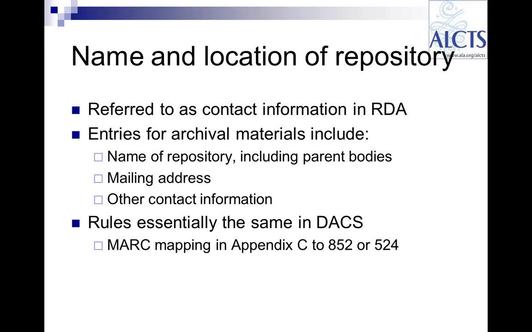Basically, these are the same rules as you would find in DACS. The main difference between the DACS rules and the RDA rules in this section is the mappings that are provided. RDA Appendix D maps RDA 4.3 to the 270 field, where DACS in its Appendix C maps this to the 852 or the 524 and the location repository or the preferred citation for recording this type of information.